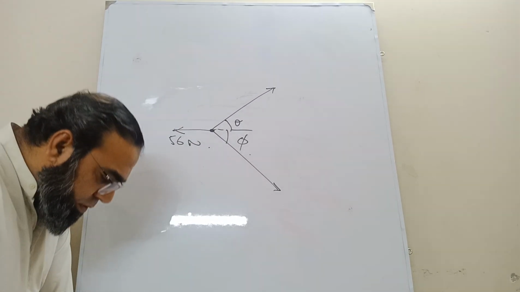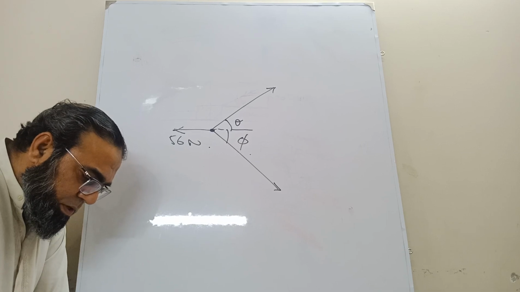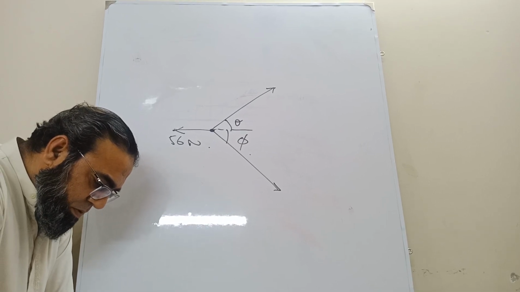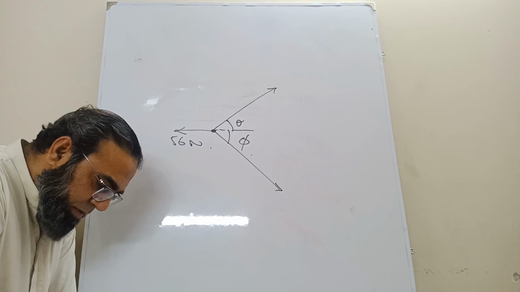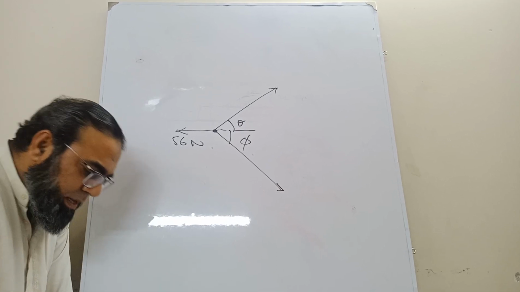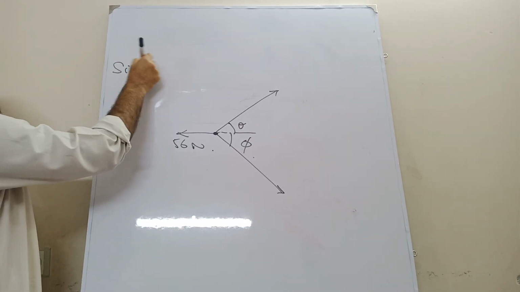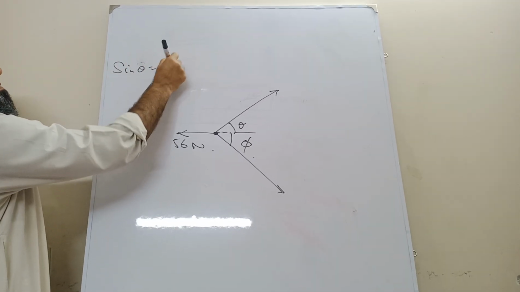One acts to the left with force 56 newtons, and one force F acts at an angle theta, where sine theta is 3/5. Now sine theta is given as 3/5.